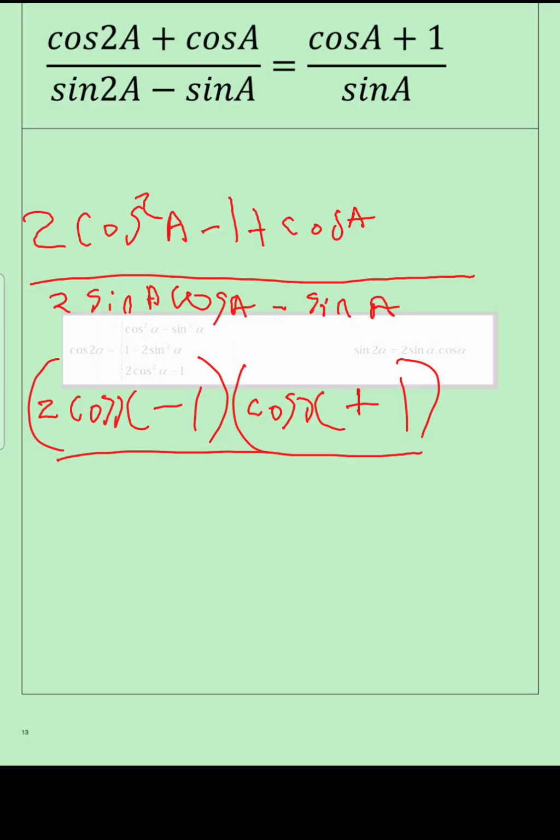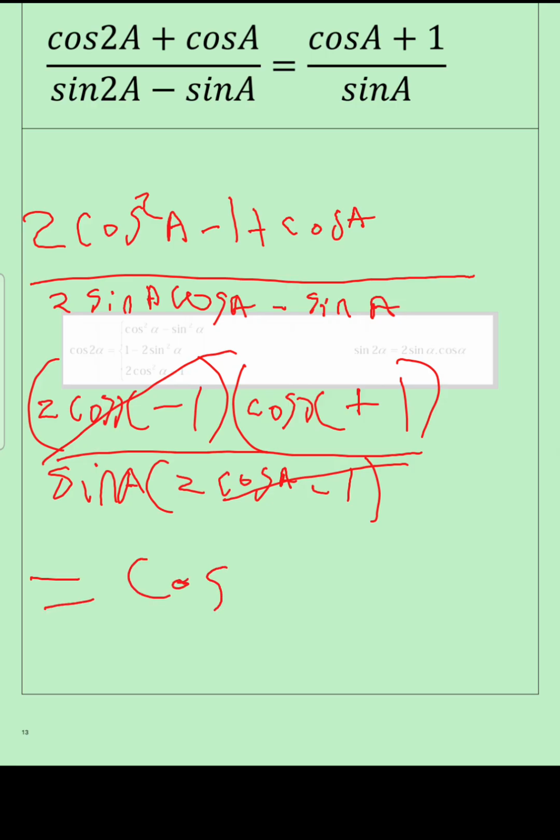All right, in the denominator I take out the common factor, which is sine a. So sine a times 2 cos a minus 1. Then this and that cancel.